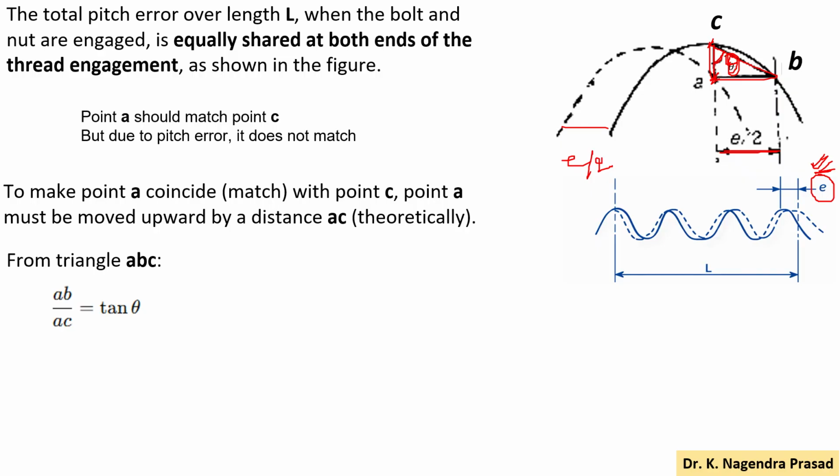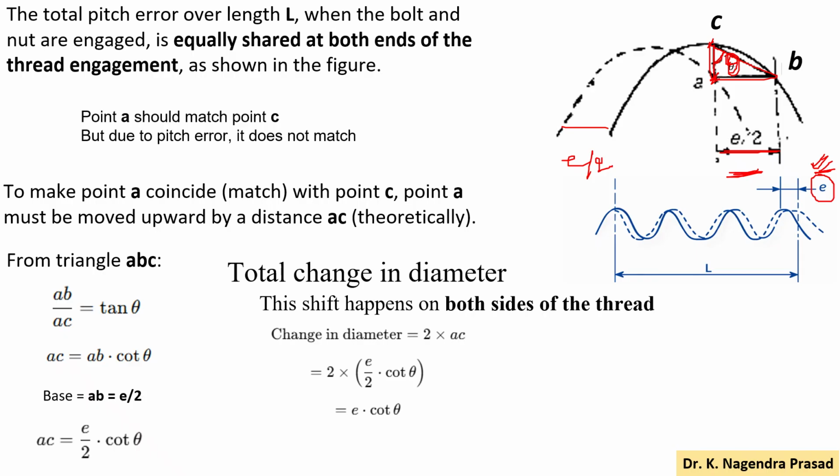Then tan theta will become AB by AC. Then AC equals AB into cot theta. We know here AB equals half of the pitch error, that is e by 2. Then AC will become e by 2 into cot theta.